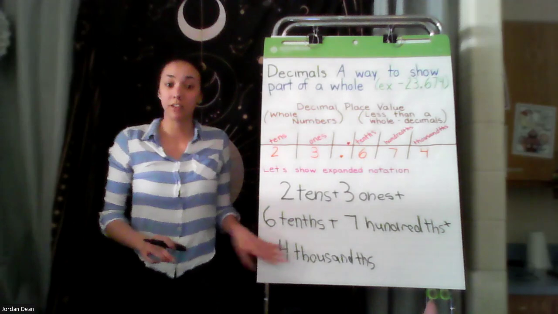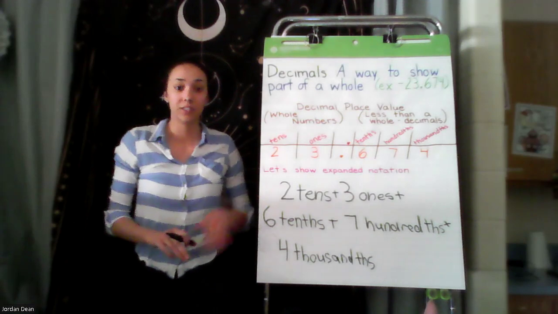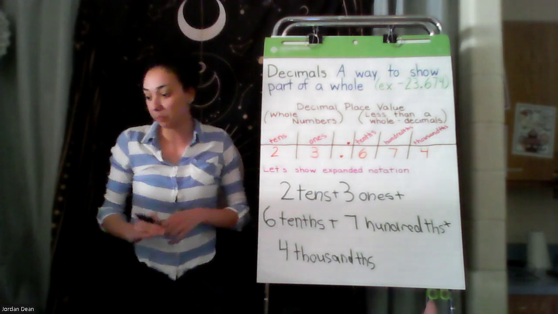So this would be the expanded notation of our decimals. We see each digit and its corresponding place value.